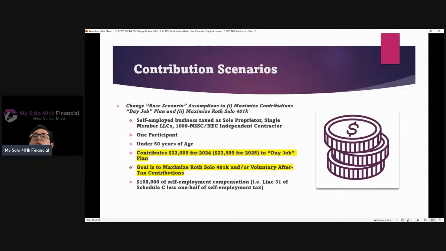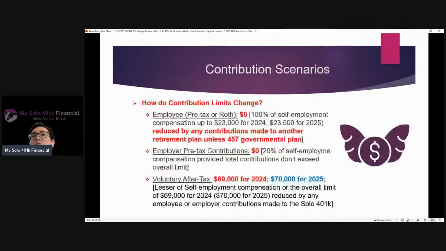So now let's go back to the base, back to being under 50 years of age. And let's assume now that they're maxing out contributions to their day job plan. And finally, let's assume that they're not interested in making pre-tax contributions, only Roth or voluntary after-tax contributions. So they're not going to be able to make any employee contributions to the solo 401k because they already maxed out the contributions to their day job plan. They're not interested in making pre-tax contributions. They're only interested in making Roth and mega backdoor Roth contributions.